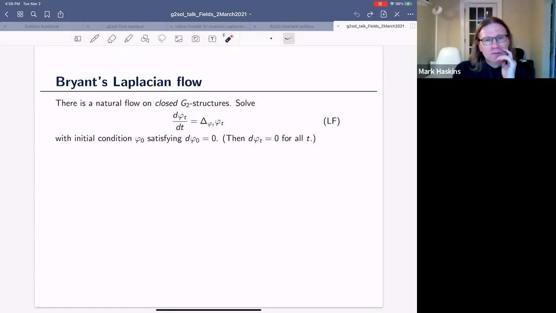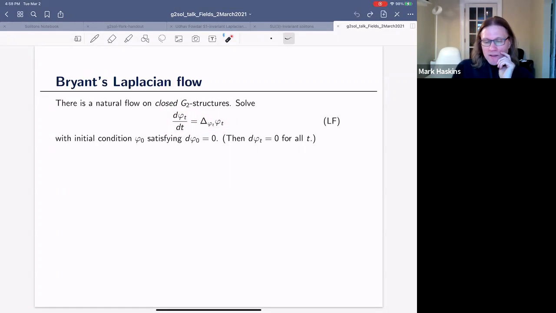So there's a very natural flow introduced by Robert Bryant, which is that for a given closed positive three form, you try to solve the following problem: the time derivative is the Hodge-Laplacian of your initial three form.